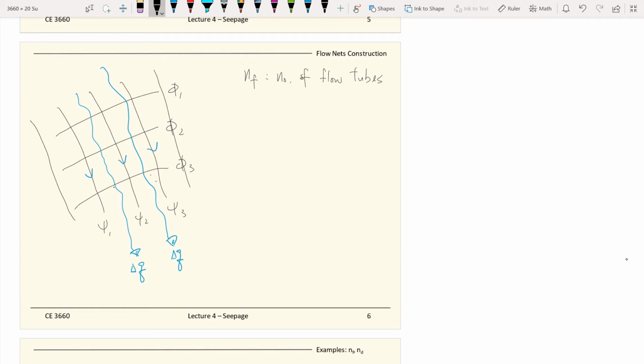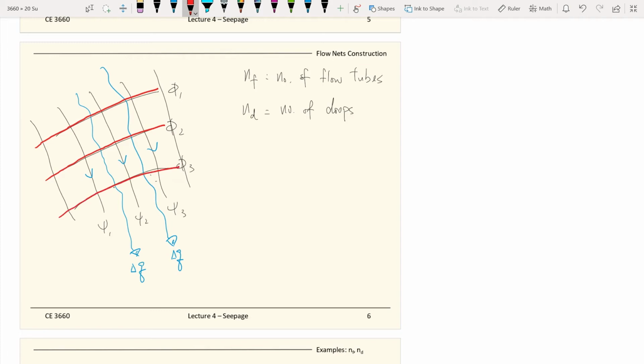And another terminology is n sub d, which is the number of drops. Whenever you pass through one of the equal potential lines, you will experience an equal amount of drop.